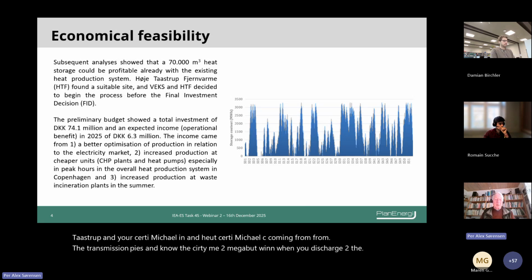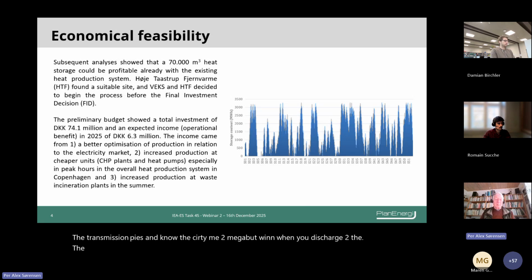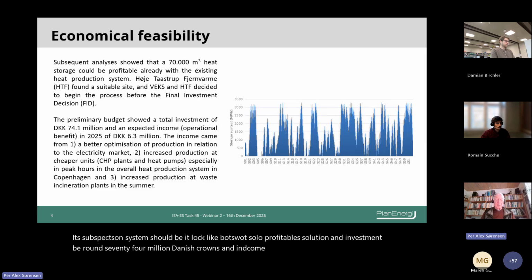Then it looks like a possible, profitable solution. And investment should be around 74 million Danish crowns, and income about 6.3 million Danish crowns.